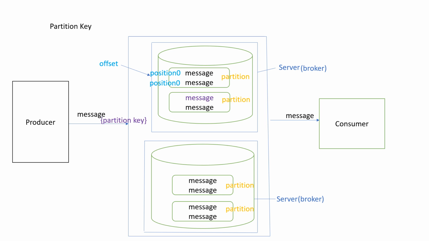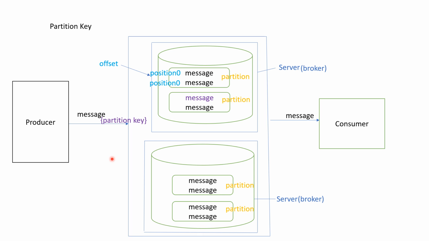Now next is partition key. What is a partition key? So if you see, this slide has multiple partitions. Now producer is producing a message. Now I want this message to go to this partition only. Then I can achieve that using partition key.